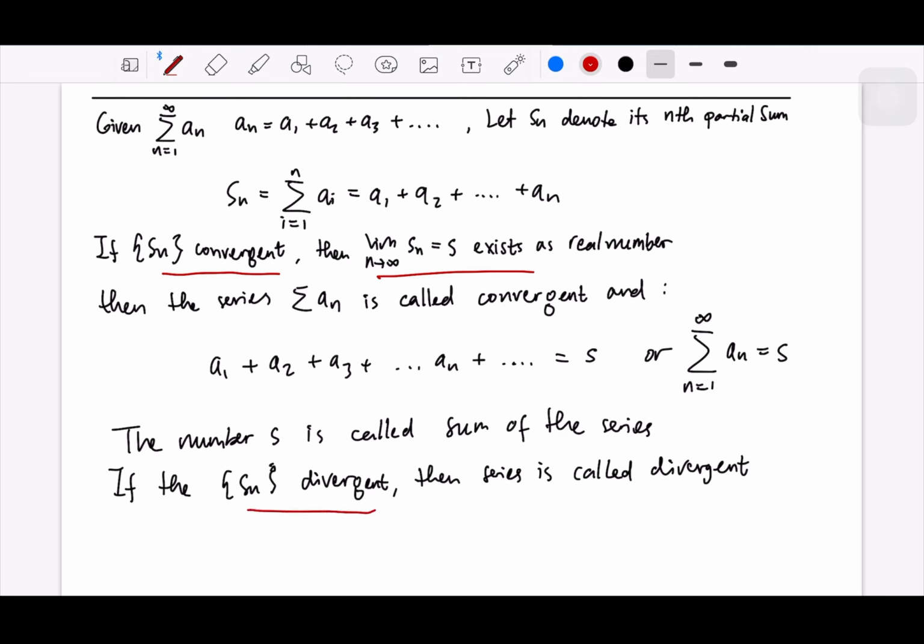If this is divergent, this series diverges. So this is just to show that the partial sum has relations to the sequence or to the series itself.